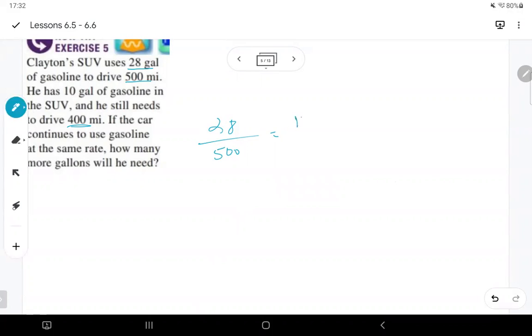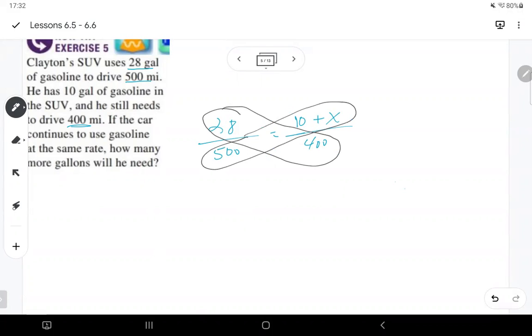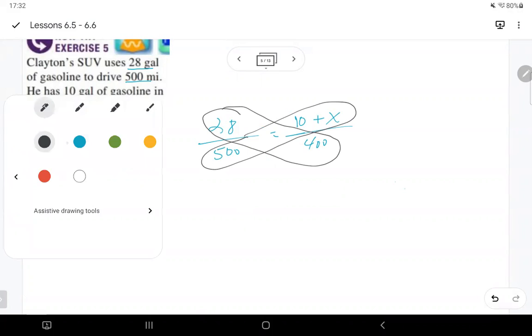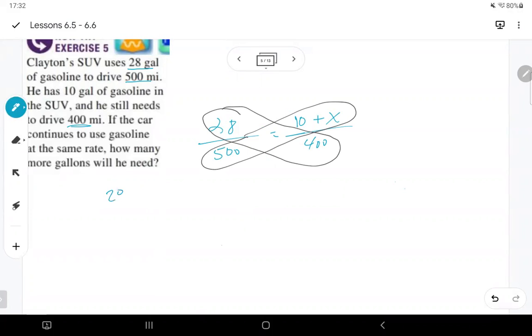And then we have 10 plus an unknown number of miles to get the last 400. Again, I would recommend cross multiplying. So we end up with 28 times 400 equal to 500 times 10 plus x.